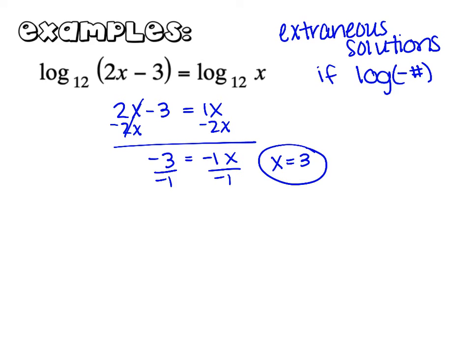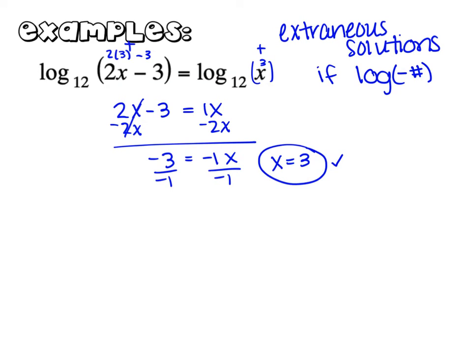So I just have to double check that if I put 3 in for x here, it doesn't make it a negative right after that log base 12. Or if I put in a 3 for x here, that it doesn't make that a negative. Right, so here it would just be 3, that's positive. 2 times 3 is 6 minus 3 is positive. So this is okay. It's not an extraneous solution.